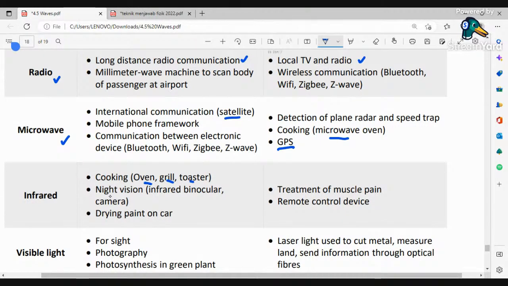So oven, grill, toaster, night vision, infrared binocular, camera, drying paint on car, treatment of muscle pain. Who has done this treatment before? Okay, if there is muscle pain, swelling and so on, you can apply infrared. Remote control devices also use infrared.